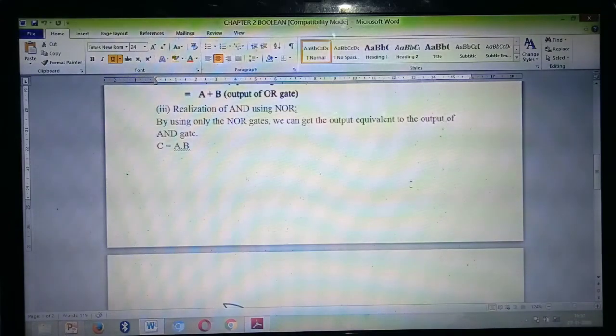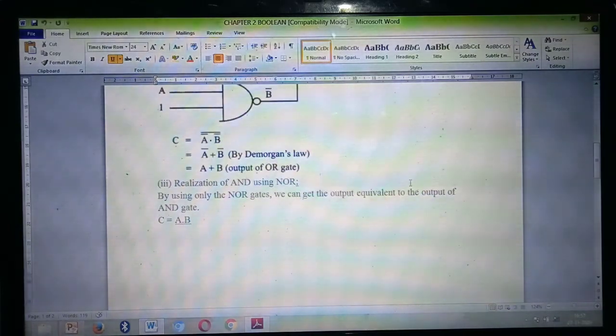Third one, realization of AND using NOR.